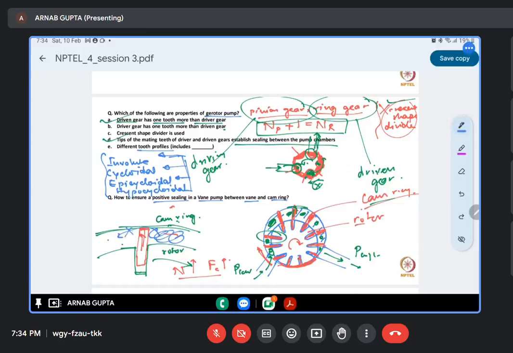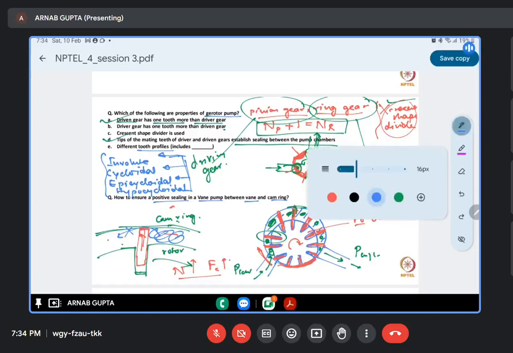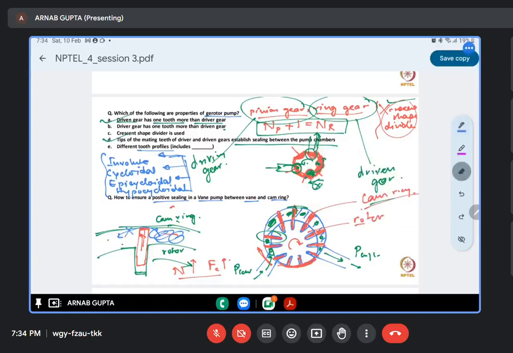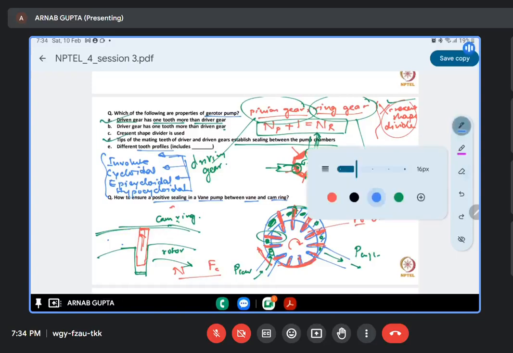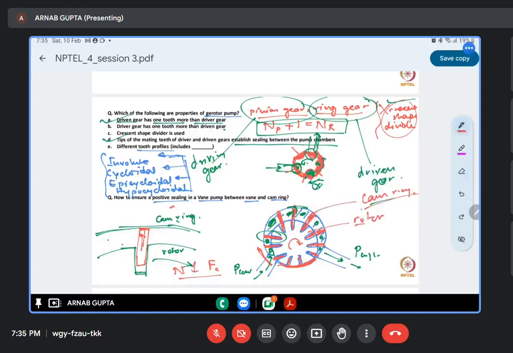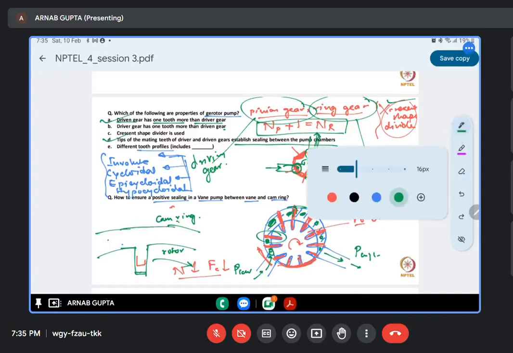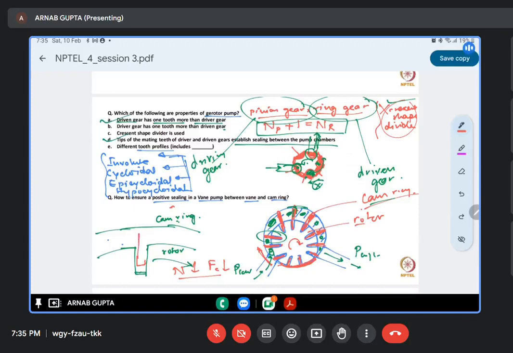It won't allow that. However, when your speed is less, like when the pump is operating at lower speeds, then the centrifugal force will be less, and this particular vane won't come outward sufficiently.